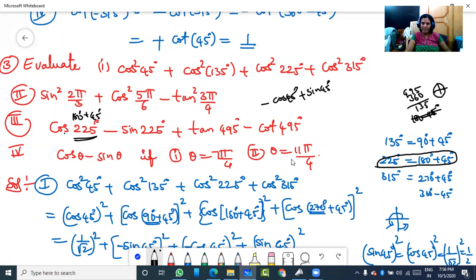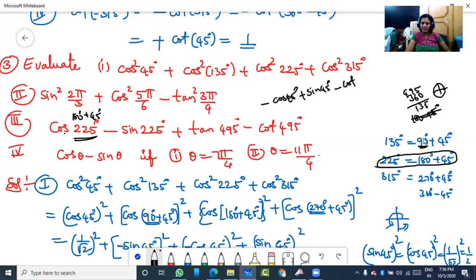Then it is 90 plus 45, which goes to the second quadrant. In the second quadrant, tan is negative, and here 90 means it will change the ratio into cot.